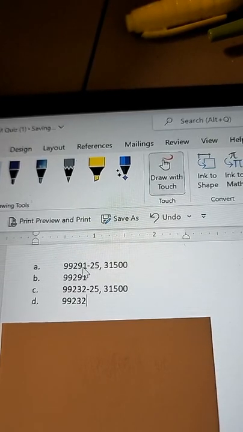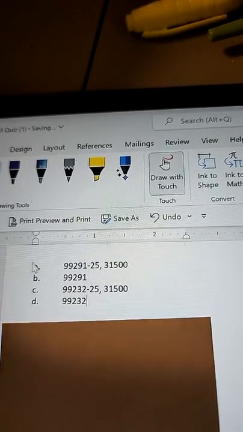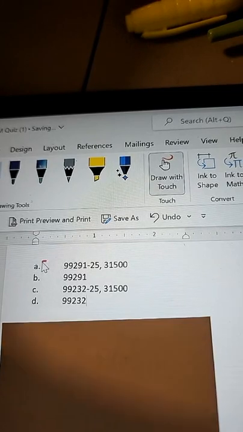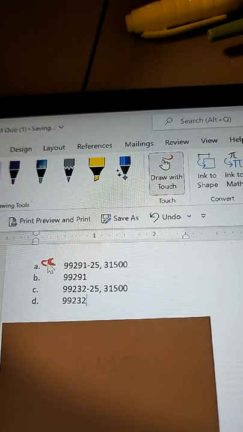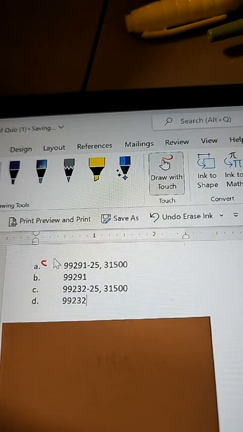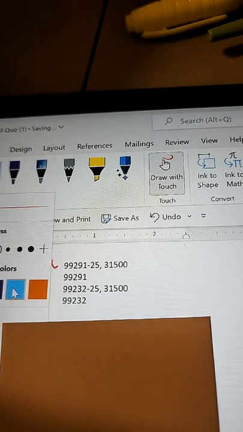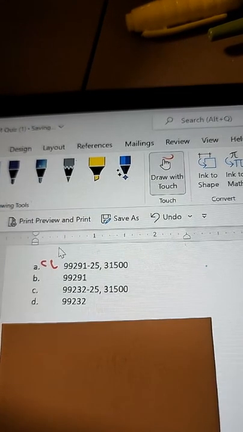99291. That is my favorite. I love this one. It's our critical care code because if it is critical care, all we need is time. We don't have to do that history, exam, MDM. It's just look on a chart and see what the time was. Okay.